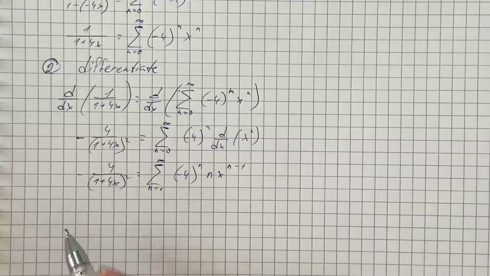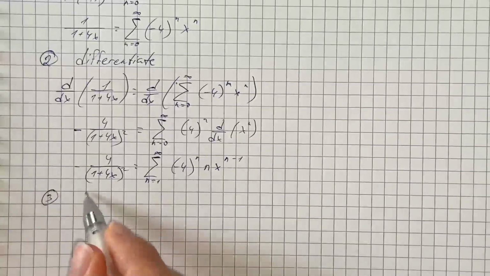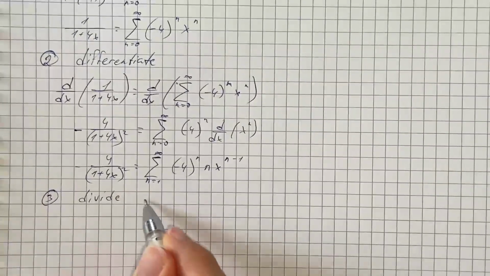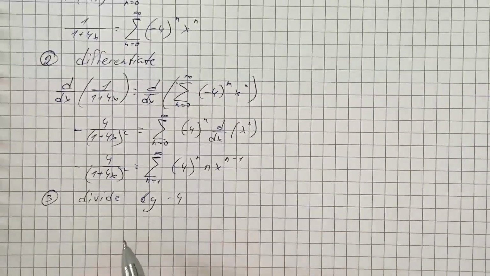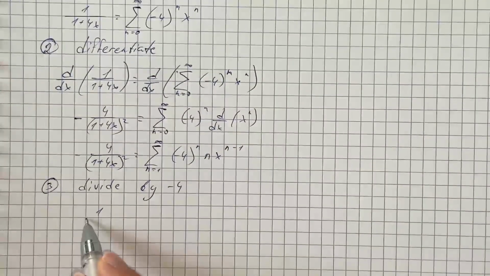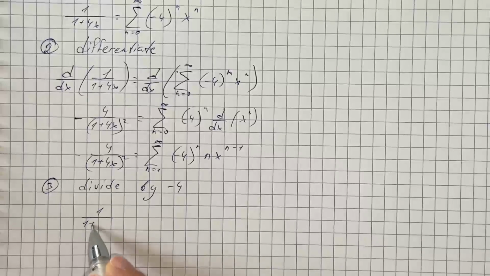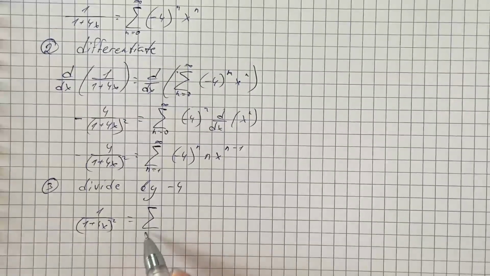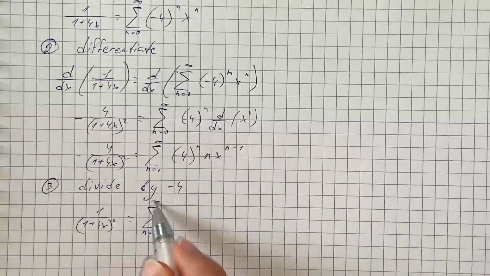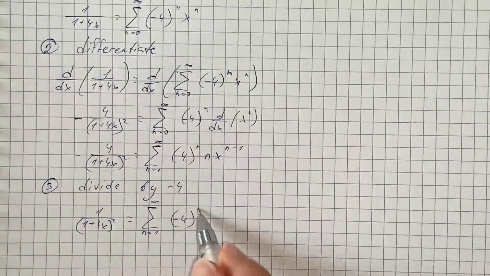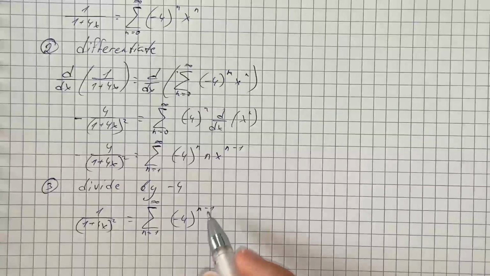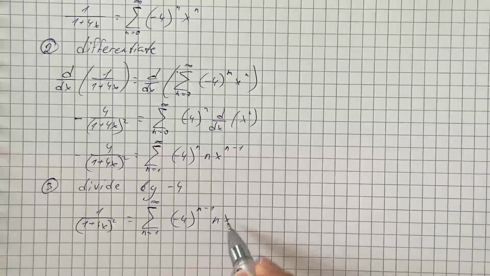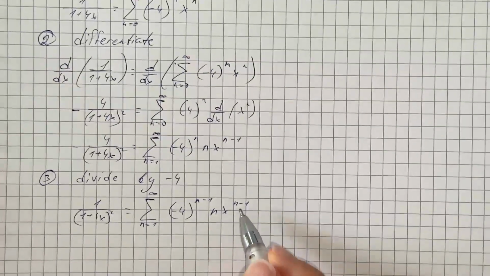So the next step is to divide both sides by negative 4 to get 1 over 1 plus 4x squared equals the sum from 1 to infinity of negative 4 to the n minus 1 times n times x to the power of n minus 1.